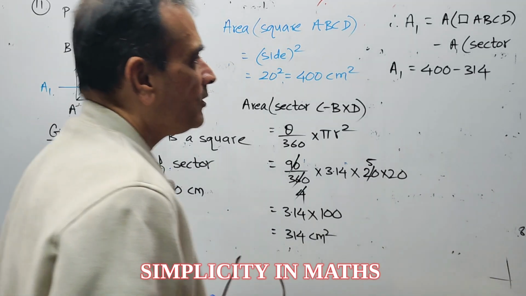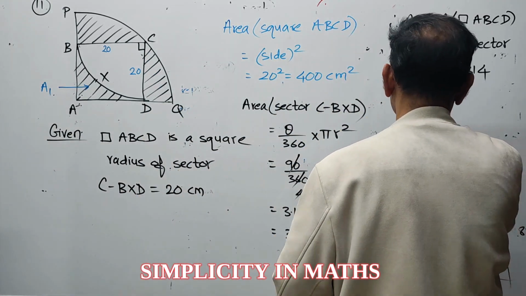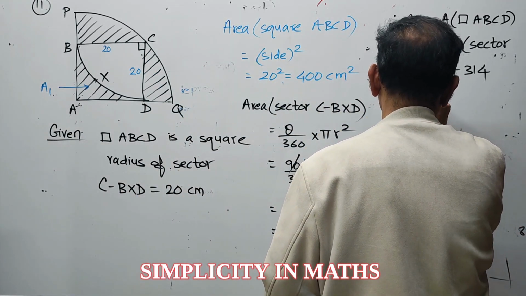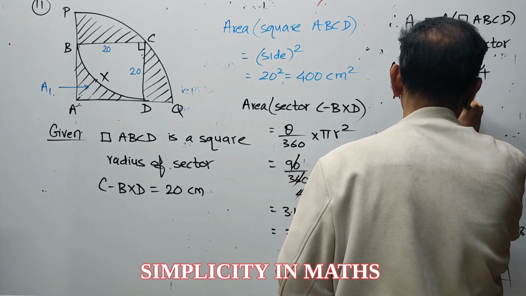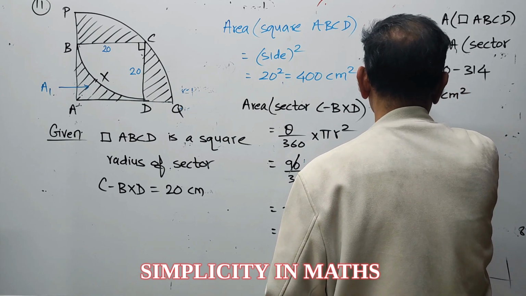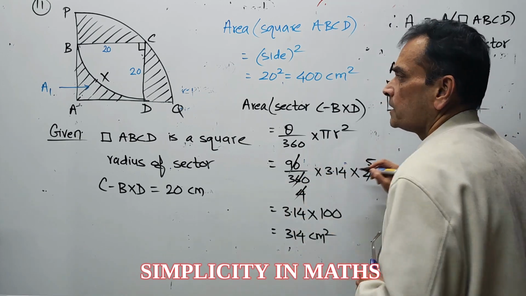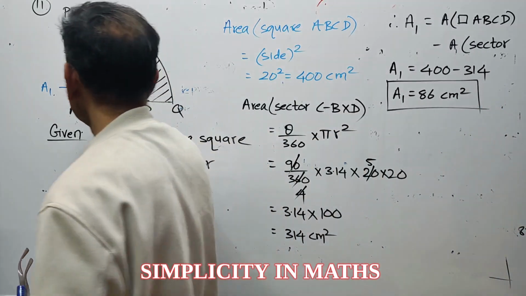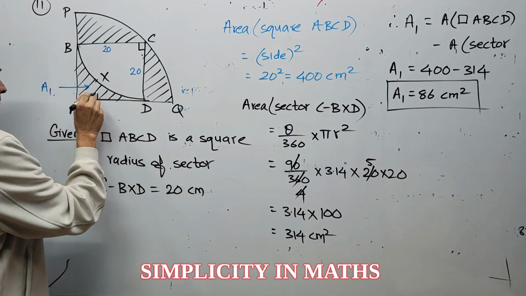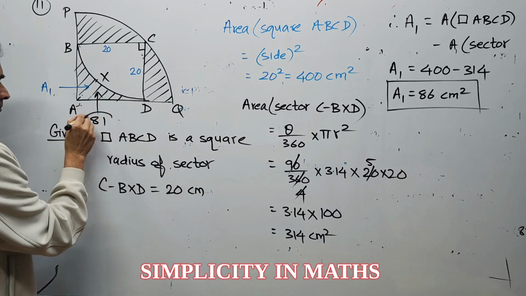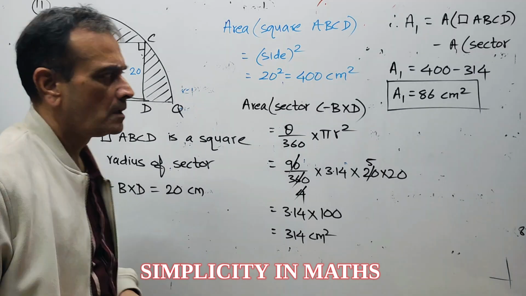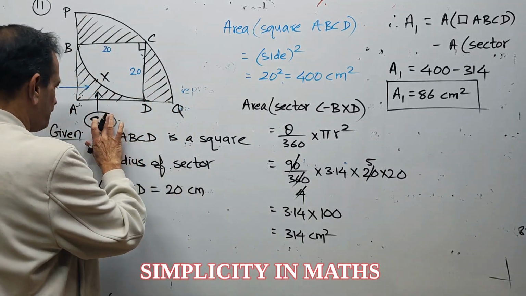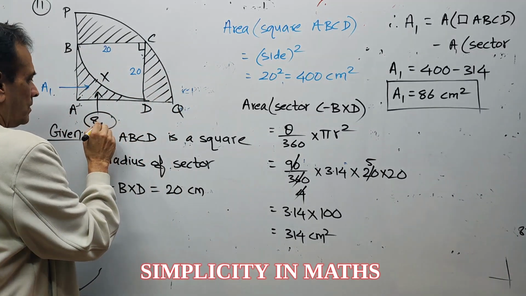So A1 is equal to 86 centimeter square. Sorry, 86.